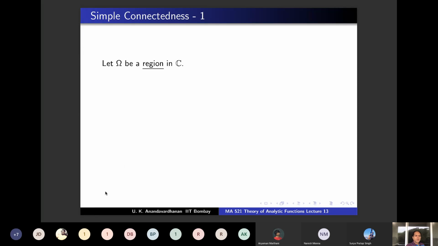Okay, so let omega be a region, and first of all assume, so this is the first characterization, omega is homeomorphic to the open unit disk. Then we want to say it is simply connected. So what is the definition of simply connected? It is connected and every closed curve in omega is homotopic to the constant curve. This is the definition of simple connectedness.